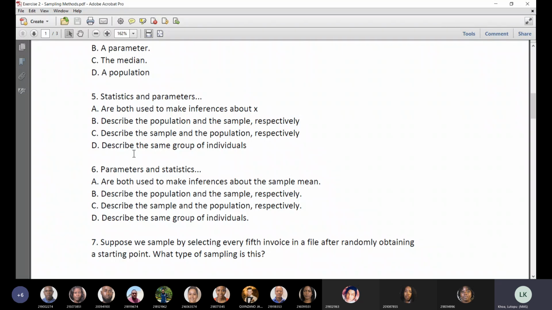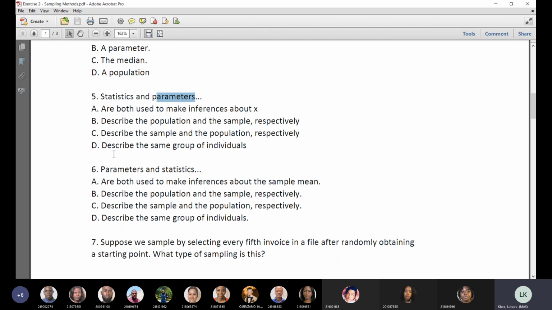Then D, describe the same group of individuals. No, this is definitely not true, because we said S for statistic, S for sample, P for parameter, P for population. So a sample and a population are not necessarily the same. A sample is taken from a population, so it may be a smaller group of the entire population.